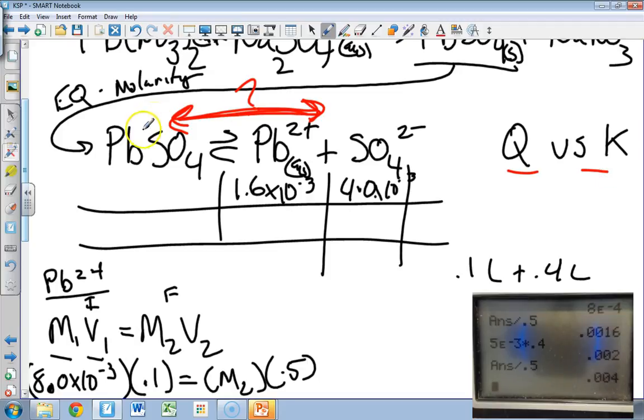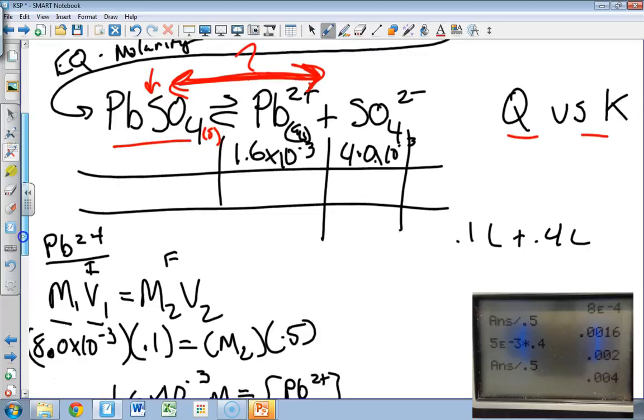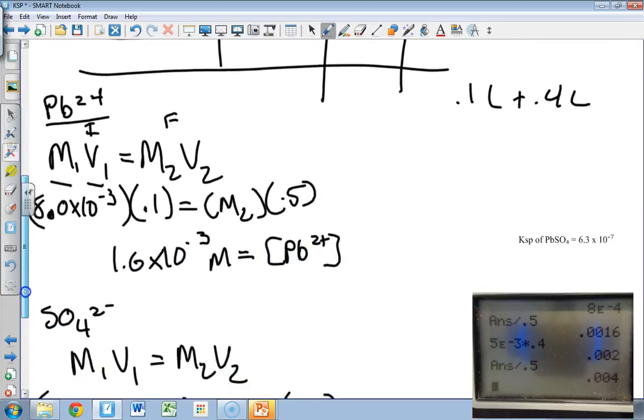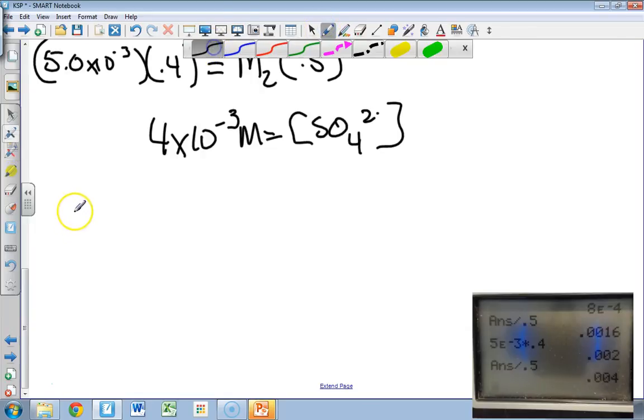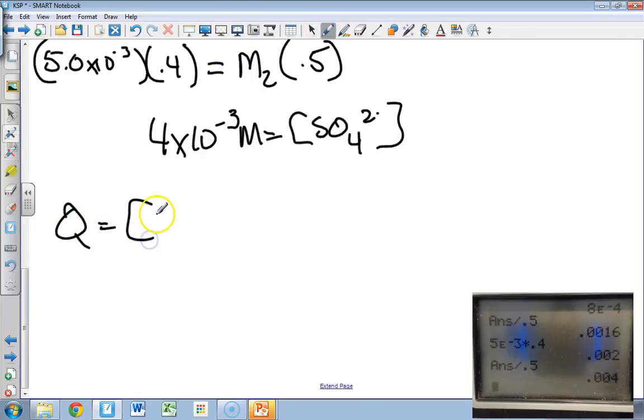Okay? If it shifts left, what do we know? This thing is a solid. It will precipitate. If it shifts right, well, these are ions. It's not going to precipitate because the ions have yet to be saturated in solution. So in order to do this problem, let's calculate Q. Okay, so Q equals the concentration of lead times the concentration of sulfate.